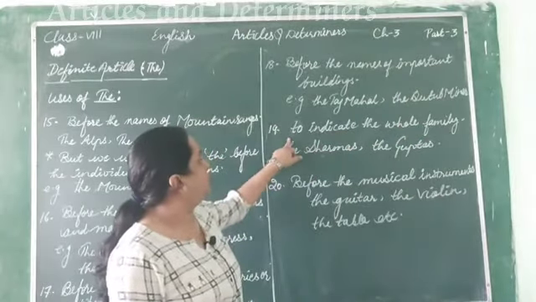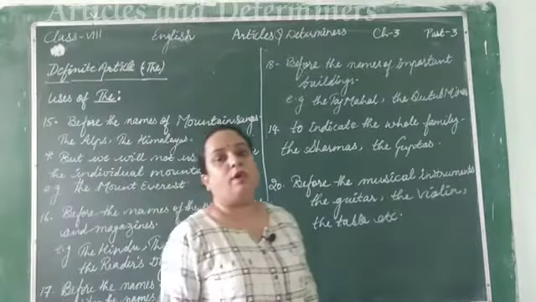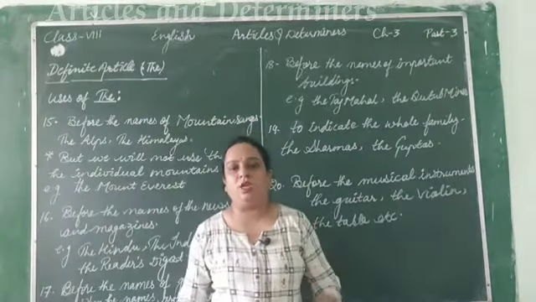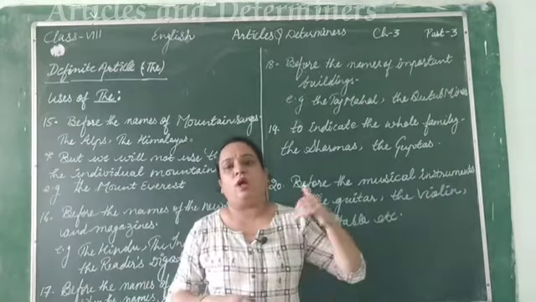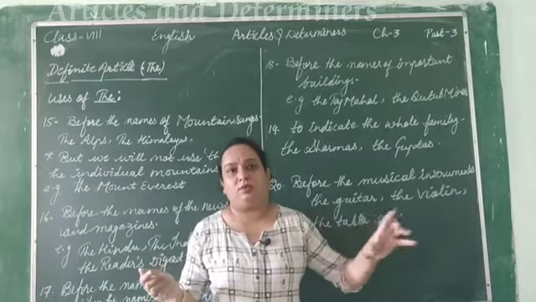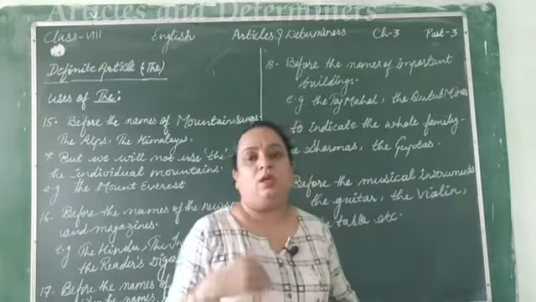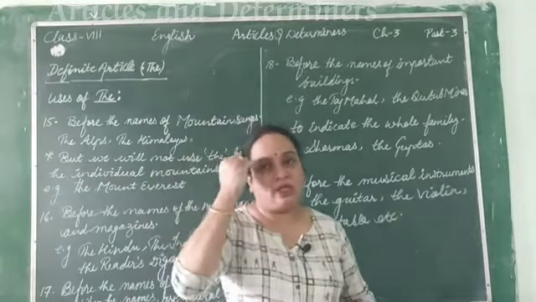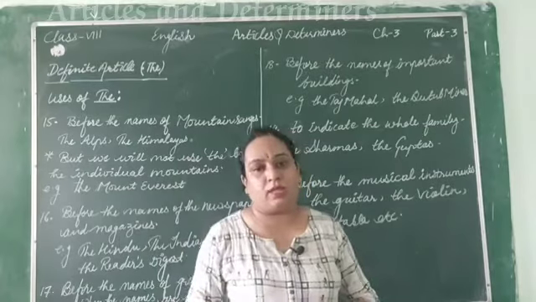Next, rule number 19 is to indicate the whole family. Suppose I want to talk about all the members of my family, I will say the Sharmas, right? You must have seen name plates outside houses: the Sharmas, the Guptas, the Sidhus.